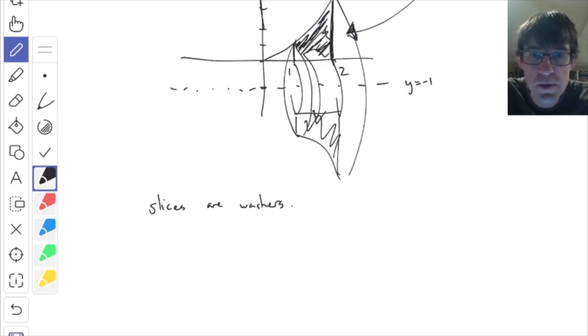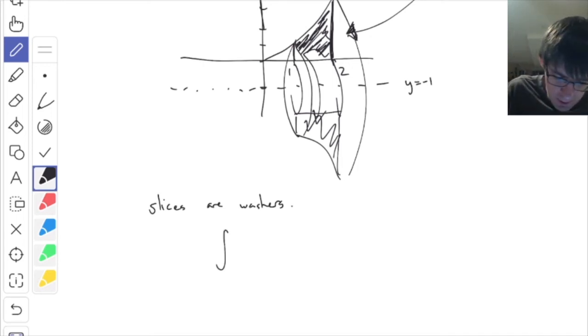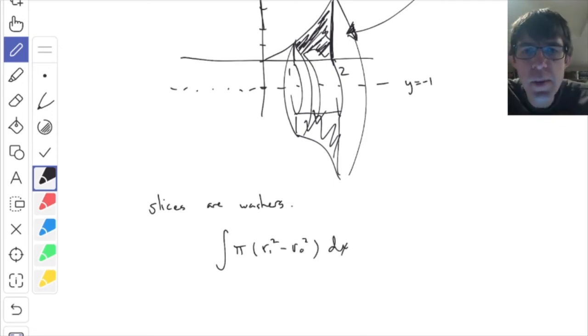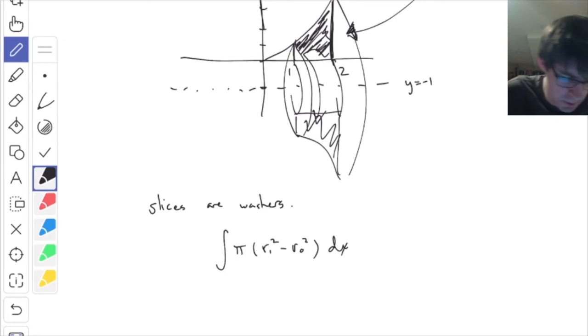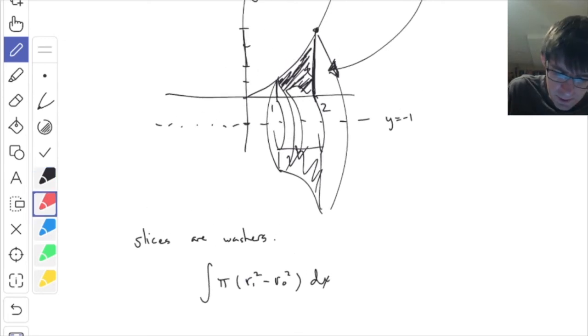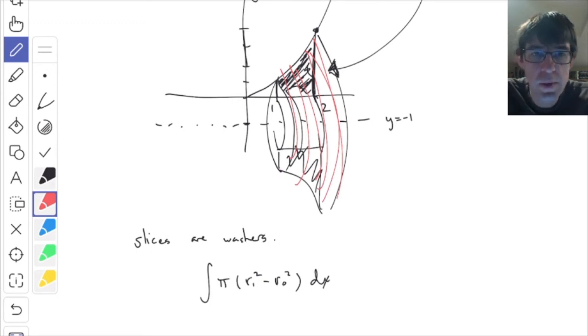So the slices are washers, not discs. So we have to use this formula, pi times R1 squared minus R0 squared, right? It is going to be dx, not dy, because you can still think of this as being cut up into a bunch of slices going that way, right?